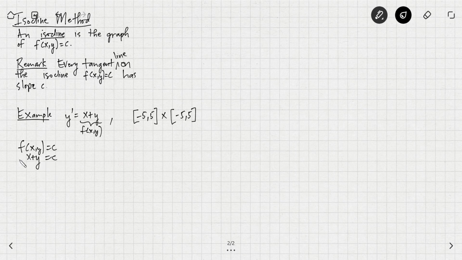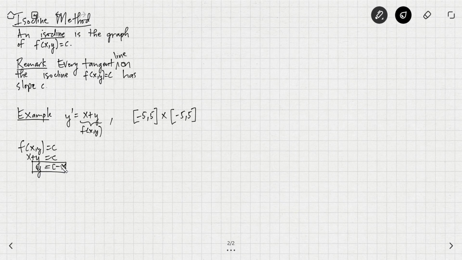Okay, now this is just an equation of degree 1 in y. So, pwede kong i-transpose yung x sa kabila. I will have y equals c minus x. And this is just the graph of a straight line. So, ibig sabihin for this differential equation, yung mga isoclines natin ay mga straight lines lang.